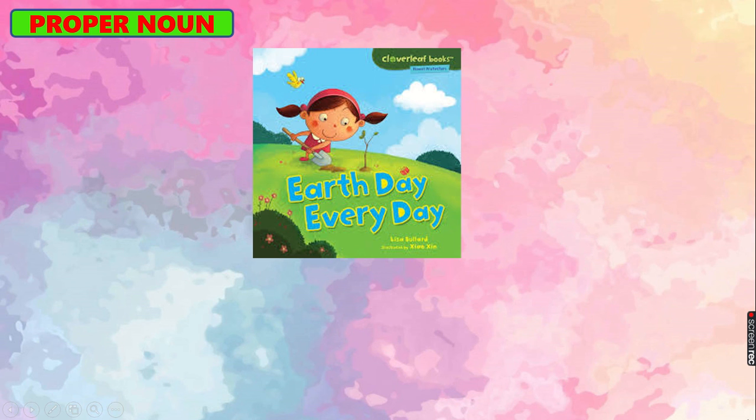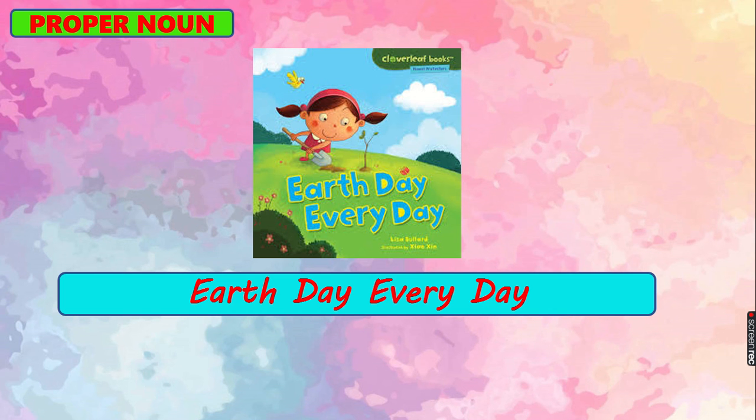Next one. Do you remember this story or this book? Yes, this is the book we read for Earth Day. So the proper noun is the title of the book, which is Earth Day, Every Day. If you can see, every word in this proper noun begins with a capital letter.